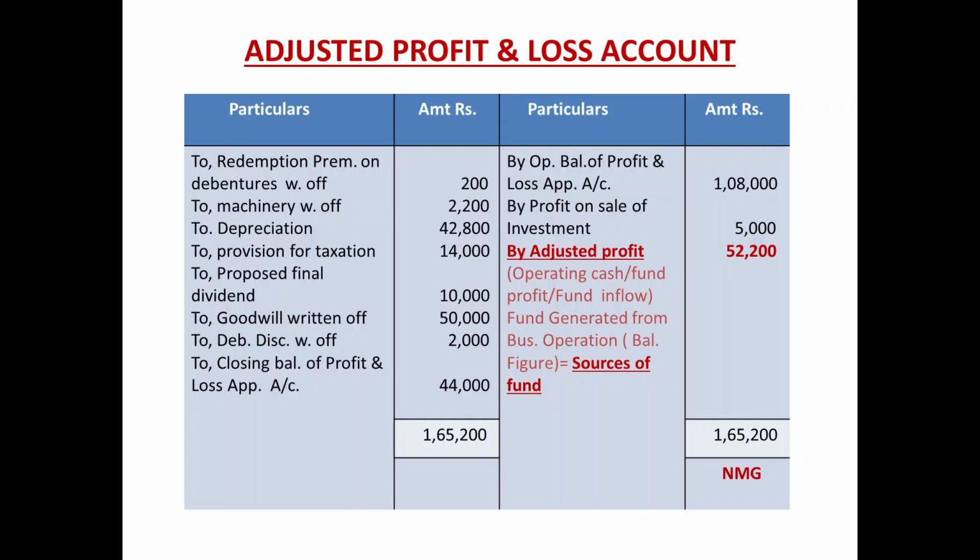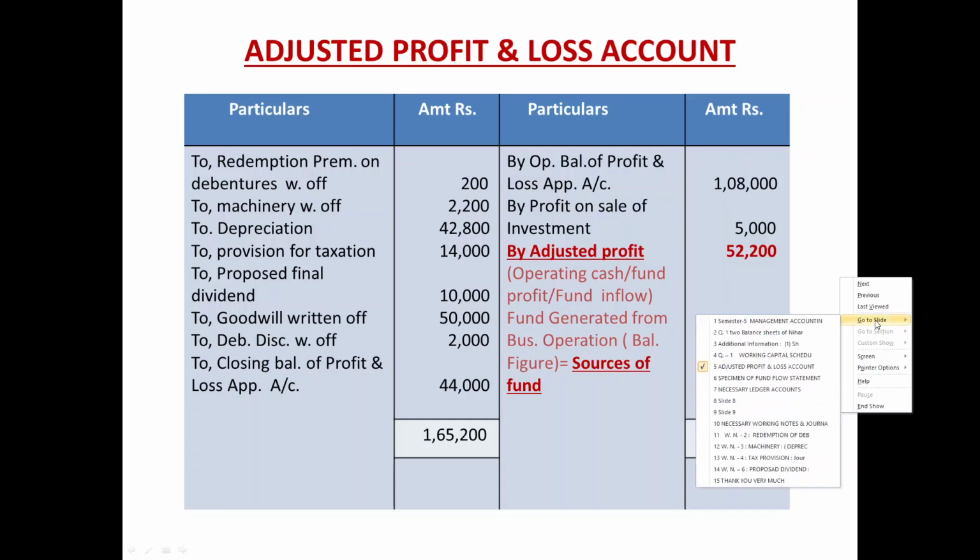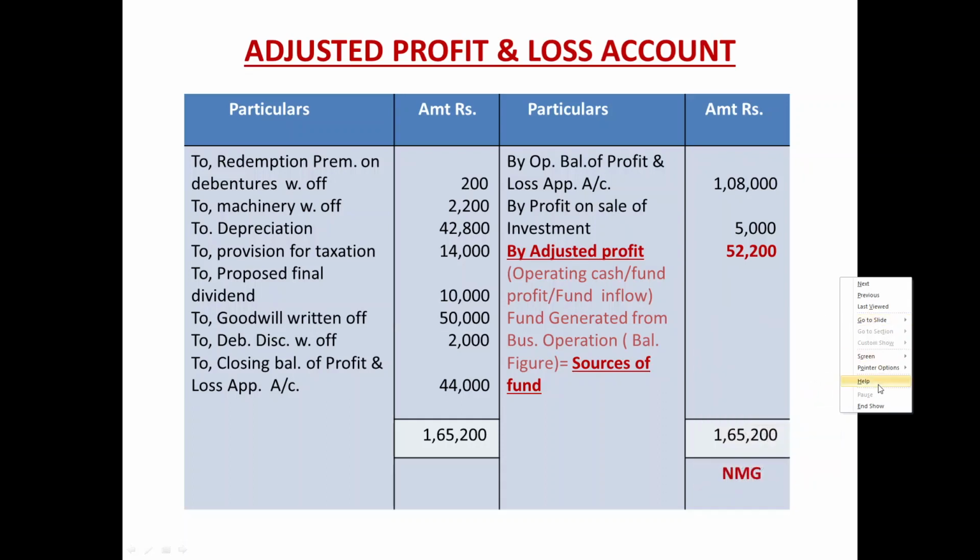After the working capital schedule, now the adjusted profit and loss account. Report the two balances of profit and loss appropriation account from the balance sheet, opening balance and closing balance.